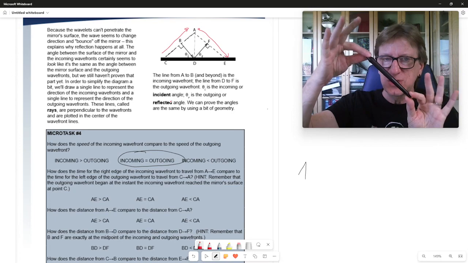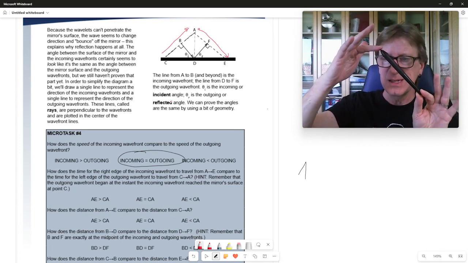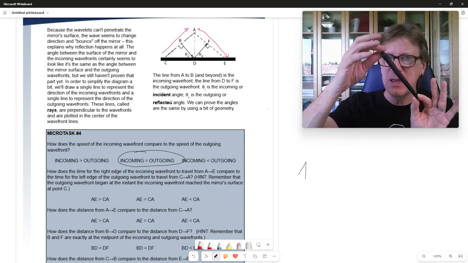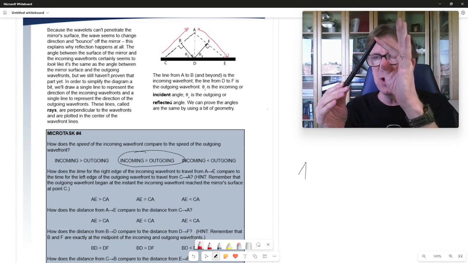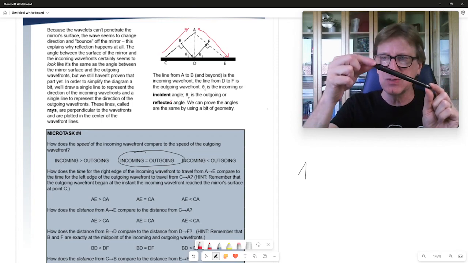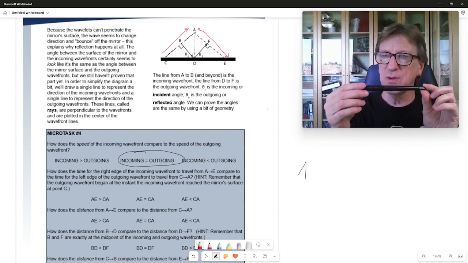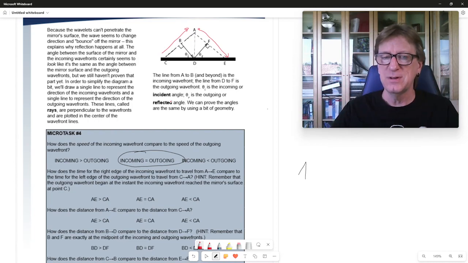The wave has just touched at C. The wave here is at A, is still coming down. But as this one at A comes down and hits E, this one at C is moving up towards A. So how does the time it takes for this edge to go from here to here, how does that relate to the time it takes for this edge to go from here to here?